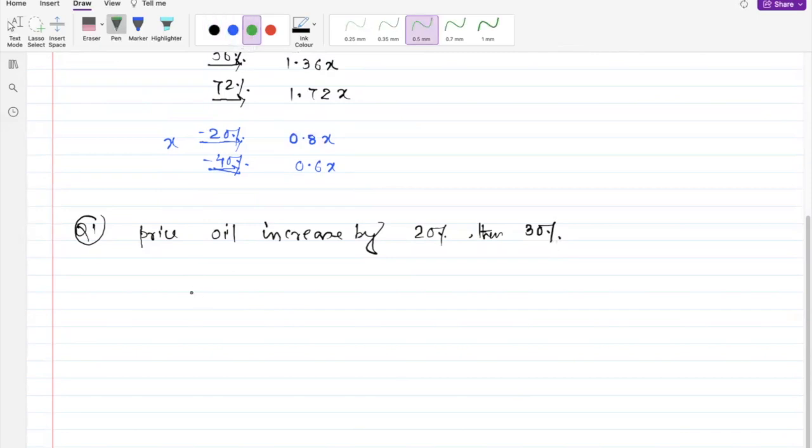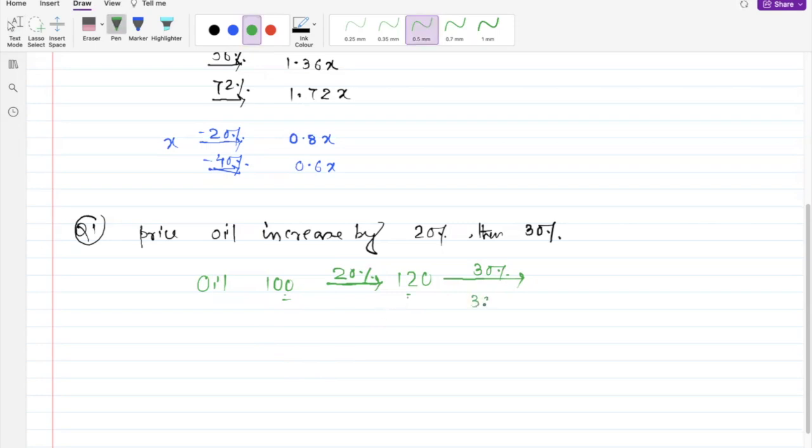So the basic method says if the price was 100 initially, the first increment is 20%, which will give you 120 as a value. Now, whenever it is increasing by 30%, that 30% will increase not of 100 but of 120.